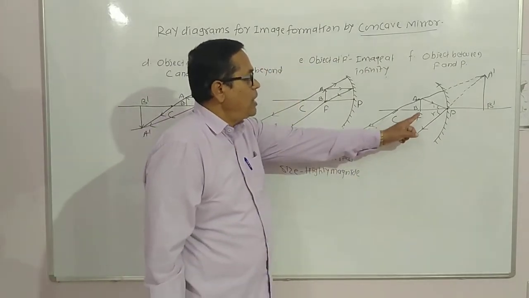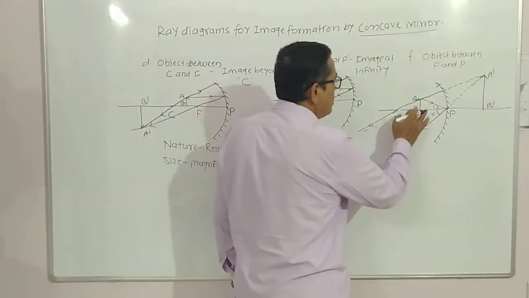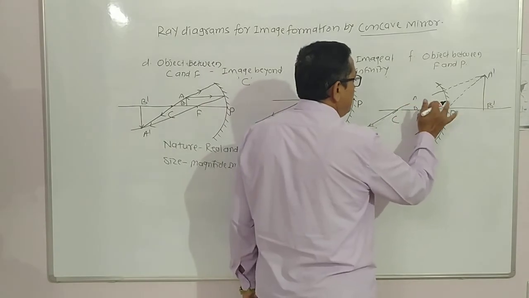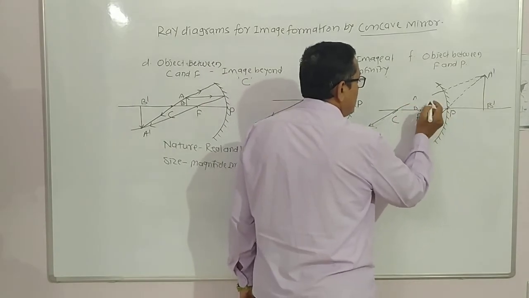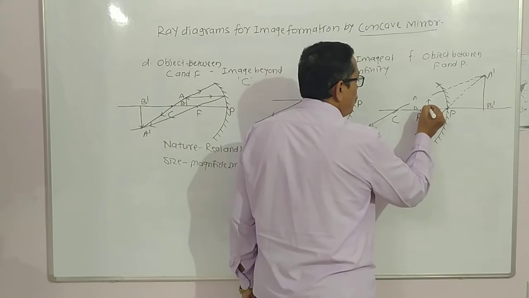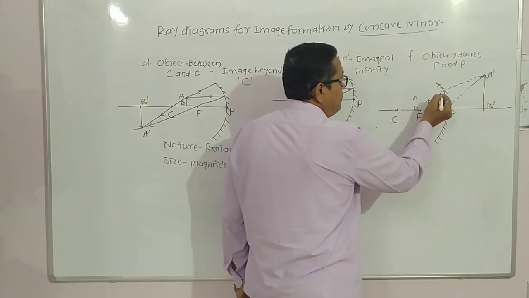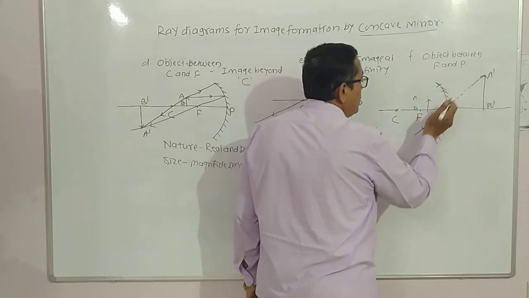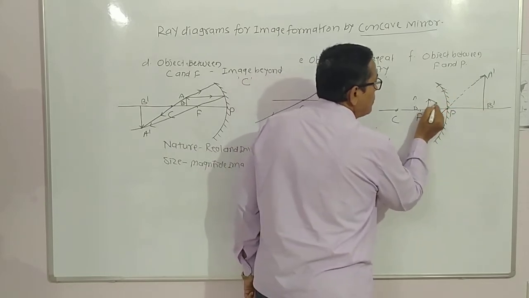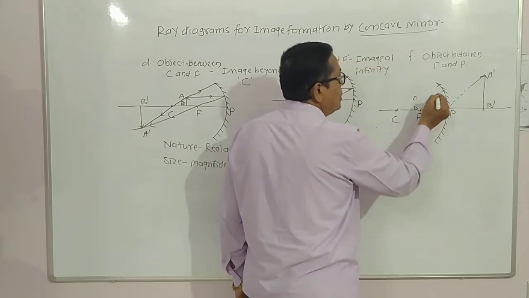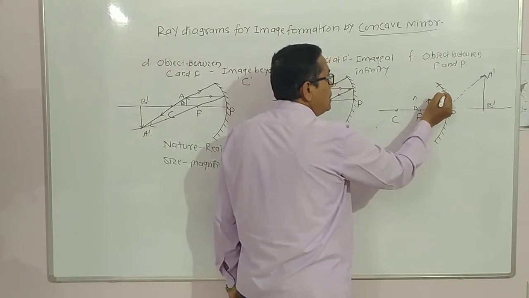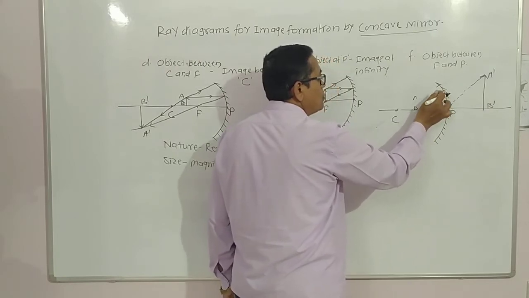Means here object between focus and pole. Object between focus and pole, here we use the first rule and then we use the third rule.